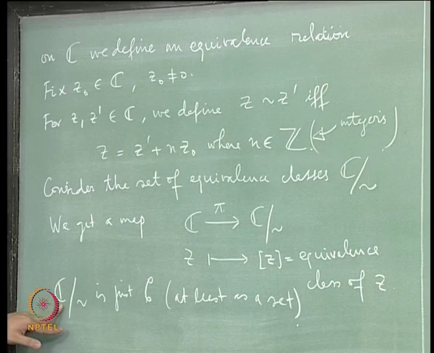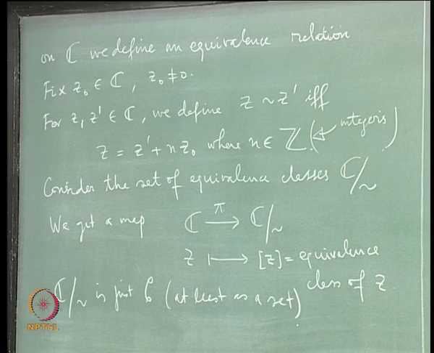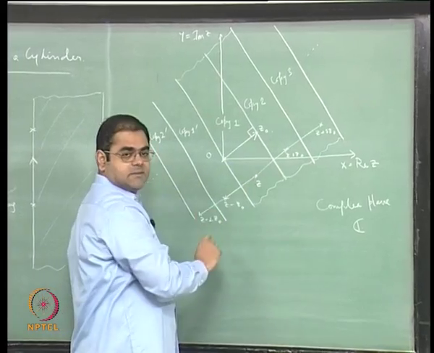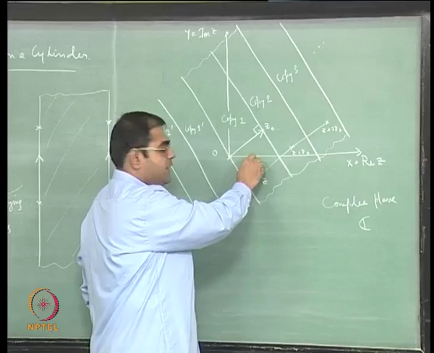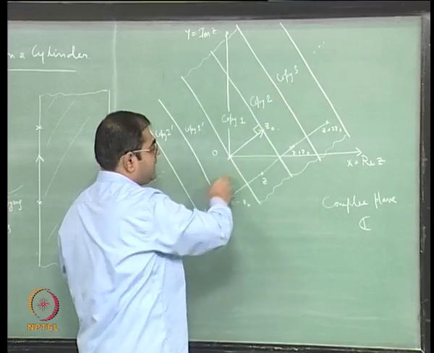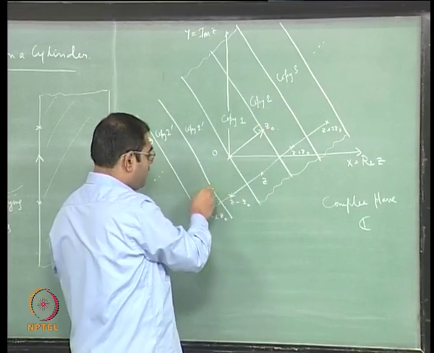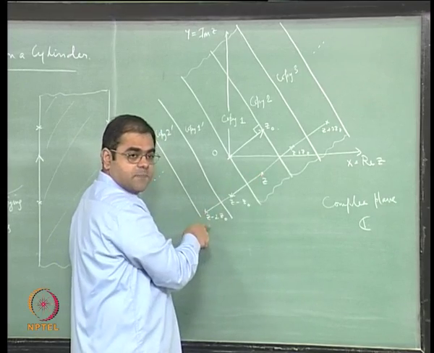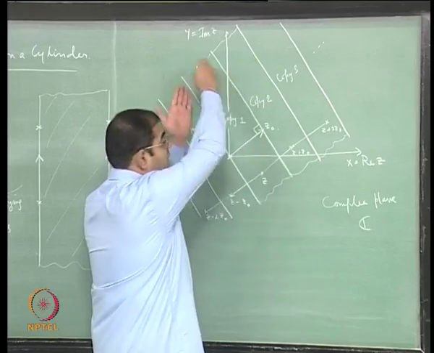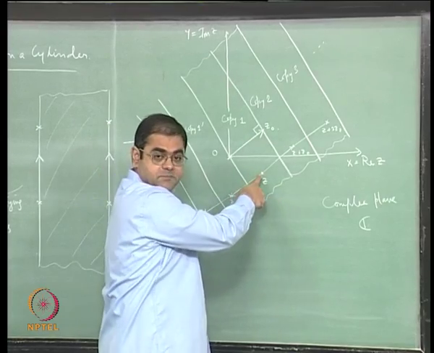Take any point in C mod tilde, that is an equivalence class, okay. Now what I want you to understand is that if you take a strip like this, any point inside, if you take its equivalence class, it will be full of points which are translates of this point, and if this is an interior point of the strip, you will get exactly one point.